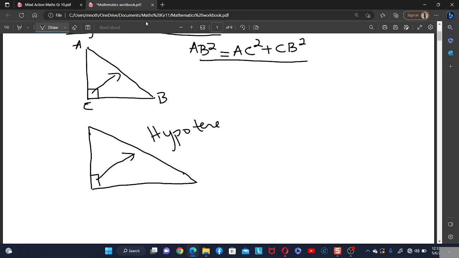The side that is opposite to 90 degrees is called the hypotenuse side.